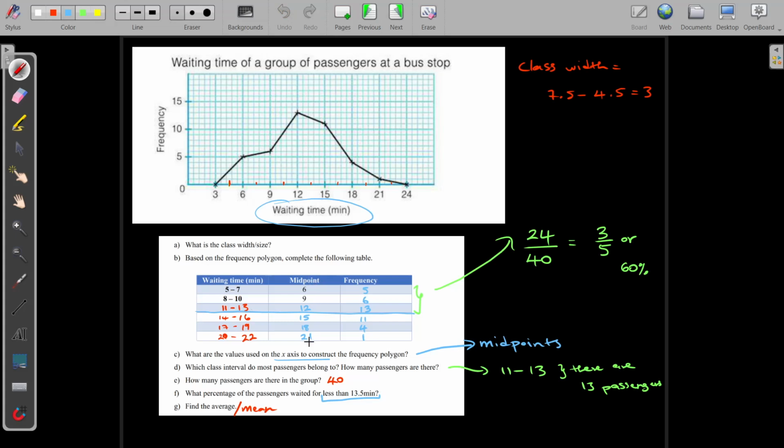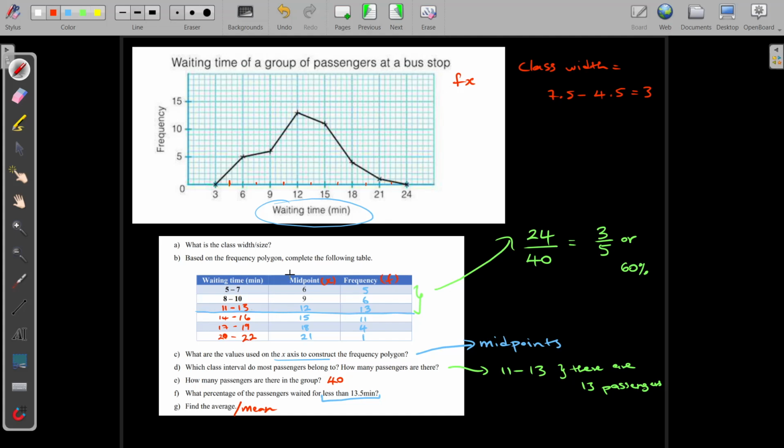We've already established the midpoints, and we know the frequencies, so we can go ahead and find our mean. We could have constructed another column to represent fx, but we can just write that to the side. Let's just write it here, fx. That means f times the midpoint, which is classified as x, and this is your f.